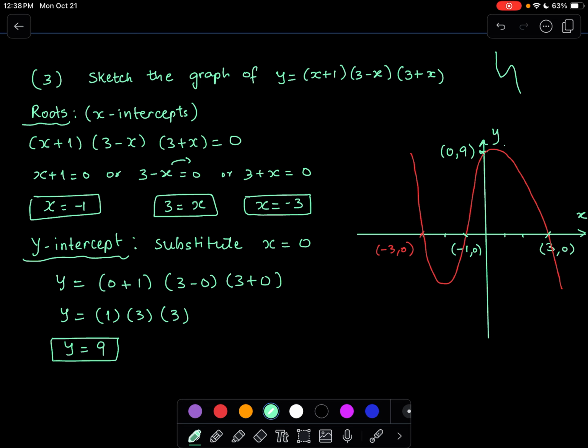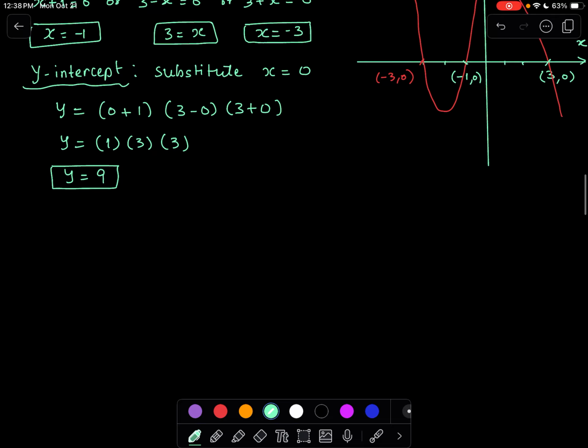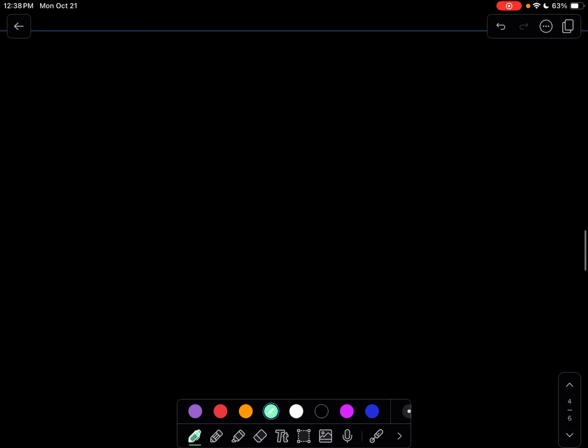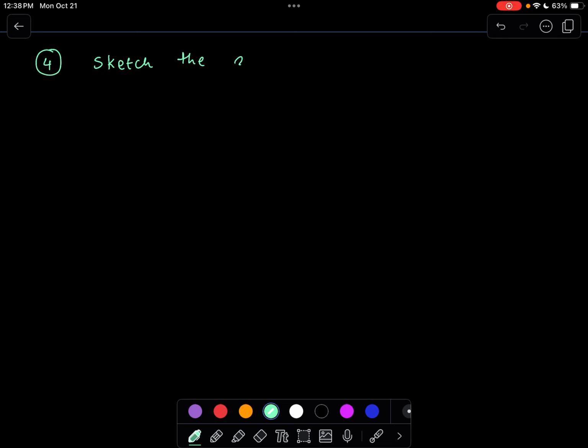Let's look at another similar example, question number 4. Sketch the graph of y equal to x plus 2, x minus 3, and x plus 1.